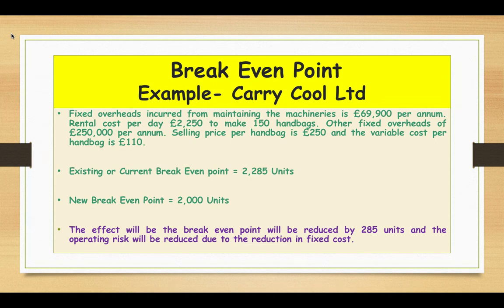So when fixed cost reduces, the break-even point also will reduce, and so will the operating risk. So the effect will be the break-even point will be reduced by 285 units, and also the operating risk will be reduced due to the reduction in fixed cost.